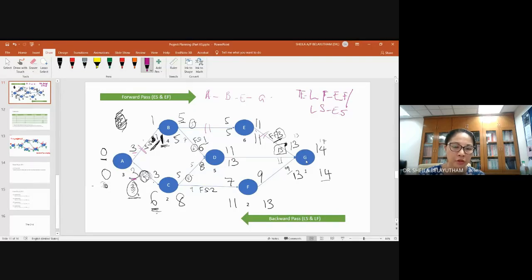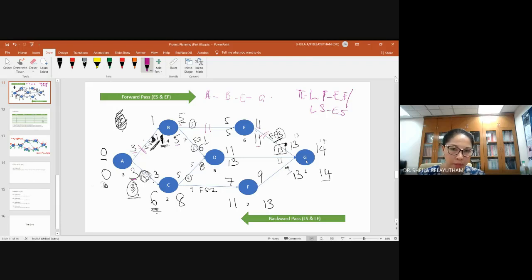So 3 minus 3, you get 0. Activity B, same, either late start minus early start or late finish minus early finish. Usually I'll just use late finish minus early finish. So 5 minus 5 gets 0, 11 minus 11 you get 0, and 14 minus 14 you get 0.